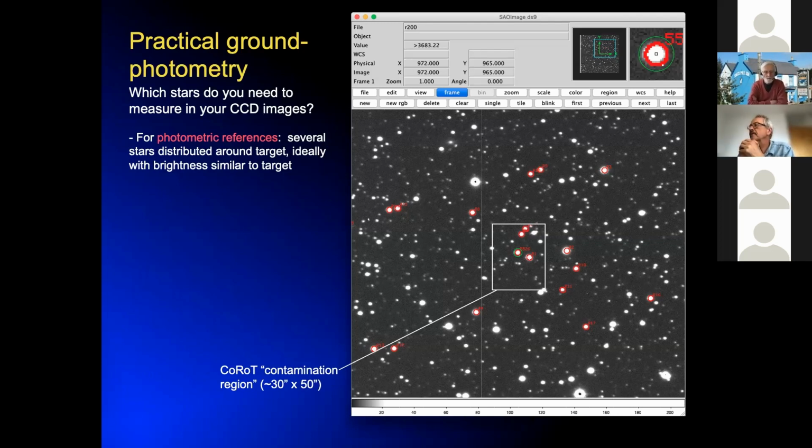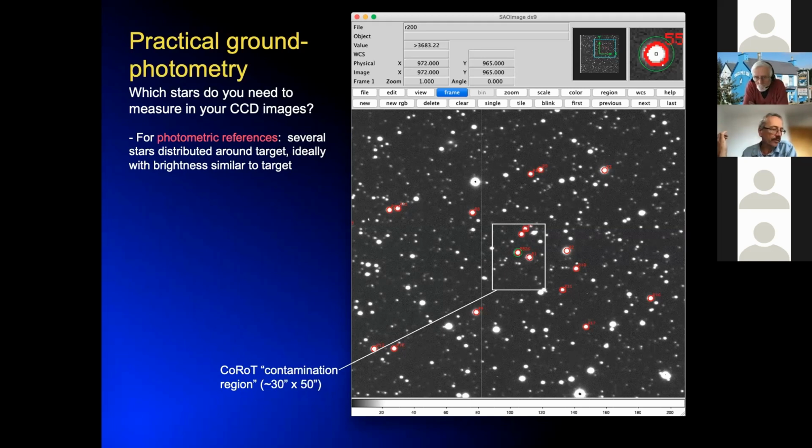A question is: you observe a night, you get a stellar field, and here in the green circle is your supposed target, in this case CoRoT 5526. This box is roughly the photometric aperture of CoRoT. The practical one was always changing slightly, but this was a generic value that was used in the follow-up, 30 by 50 arc seconds.